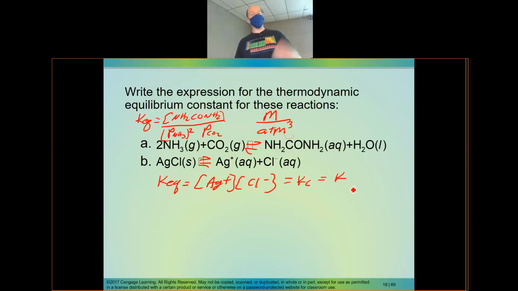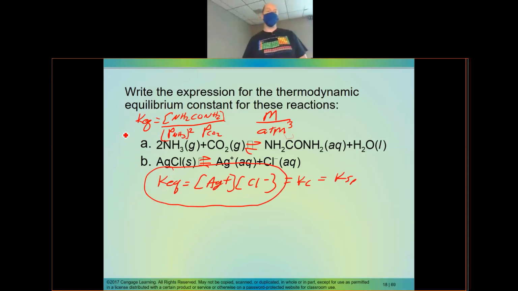And we know now, after doing the previous chapter, this is a KSP. Anytime you have a solid going to its ions, you have a KSP. All right, so sometimes your KEQ can be the same as something else, and sometimes your KEQ is unique to KEQ, and that is where this one is.